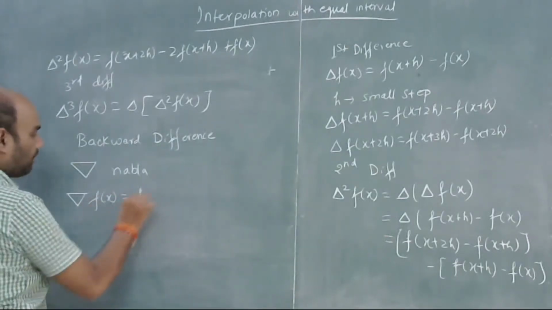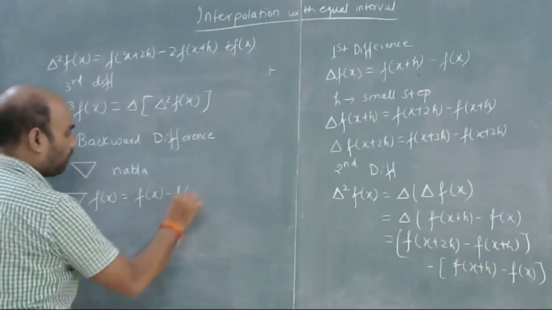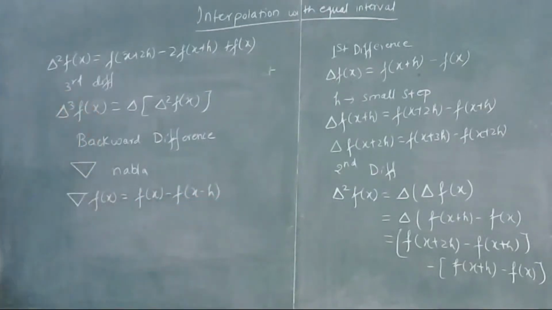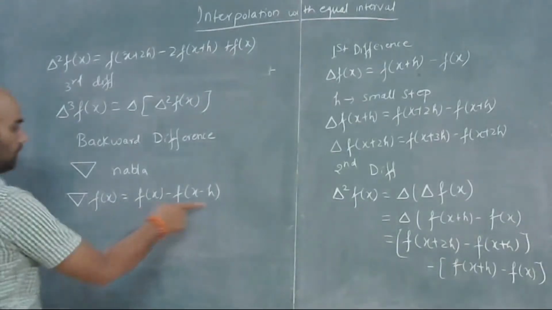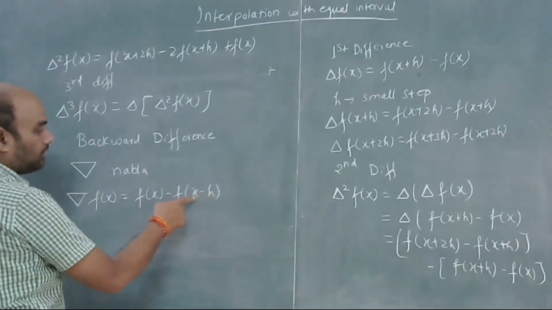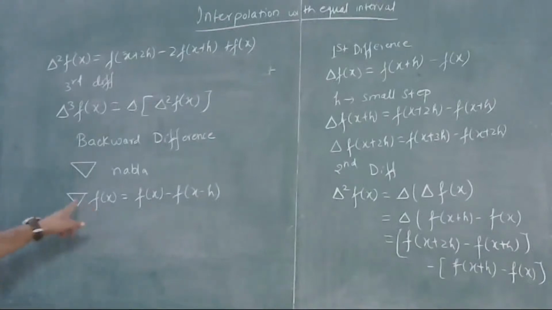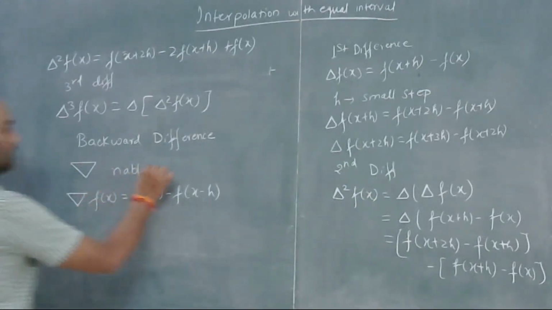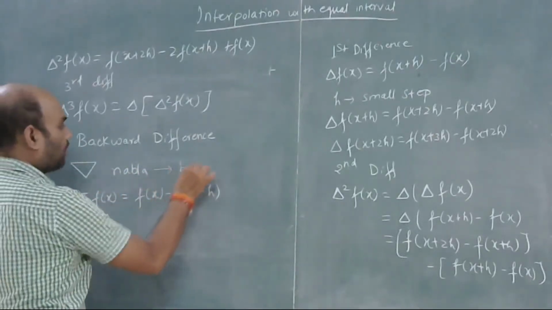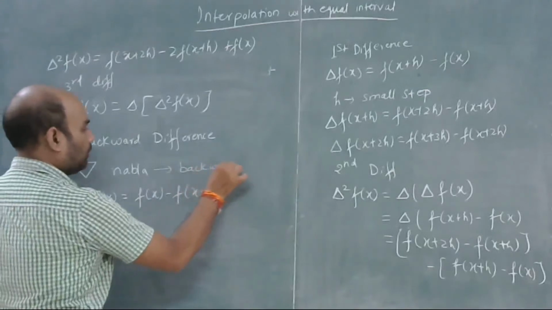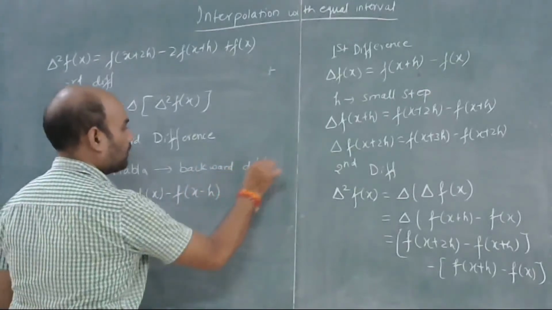So this will be f of x minus f of x minus h. In backward difference, we find the function and decrease the value of x by h. This is the backward difference, and this is known as the backward difference operator.